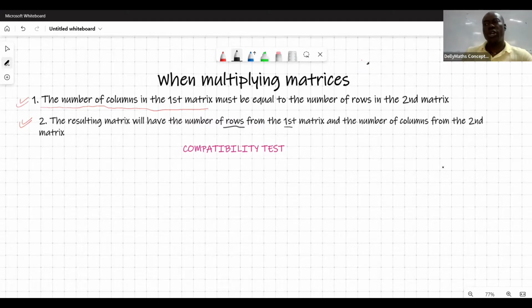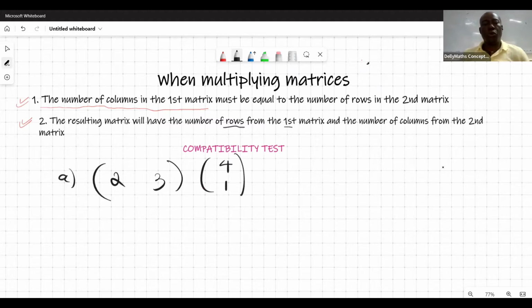So let us do some quick testing here. Situation one. Let us say we have a matrix, say 2, 3, and we want to multiply this by a 4, 1. Normally, what we want to do is write down the order of both matrices. For example, the order of the first one is 1 by 2, and the order of the second matrix is 2 by 1.